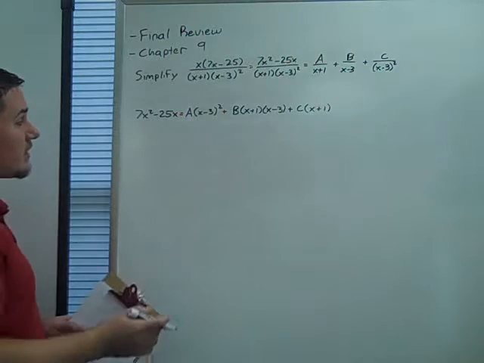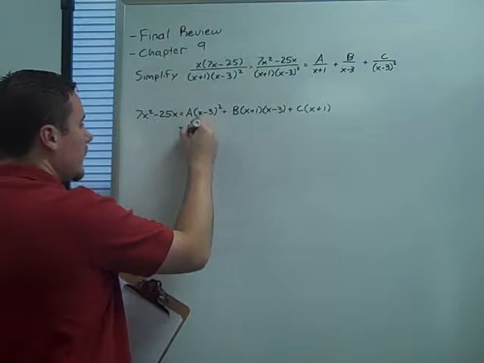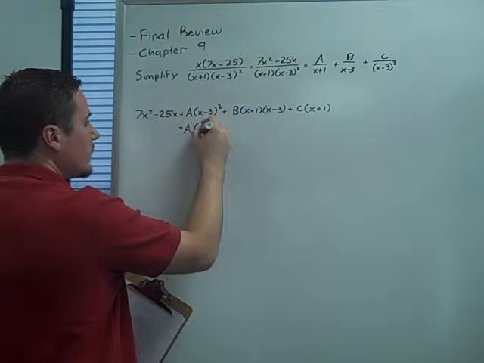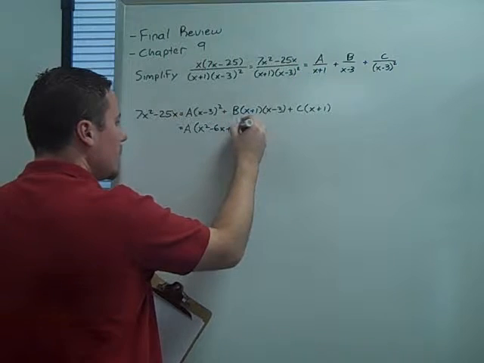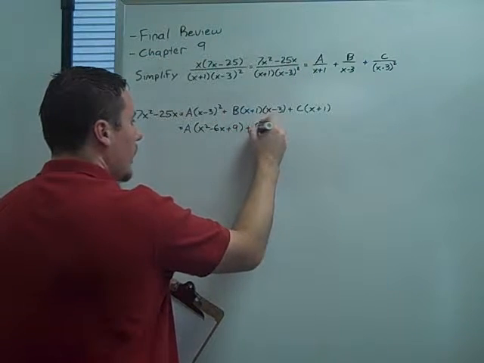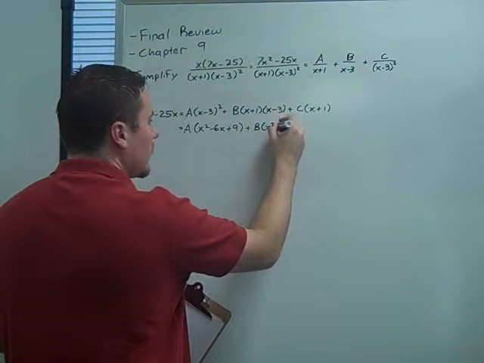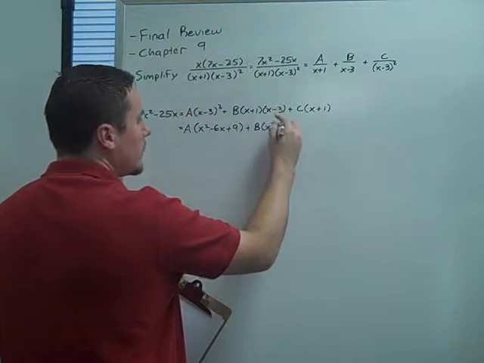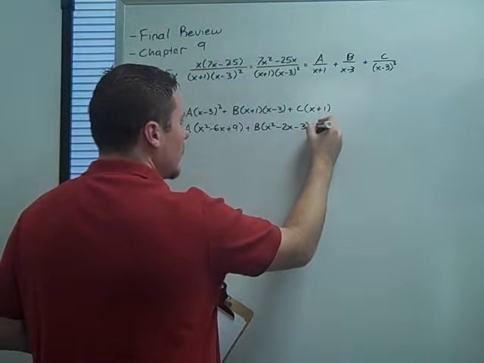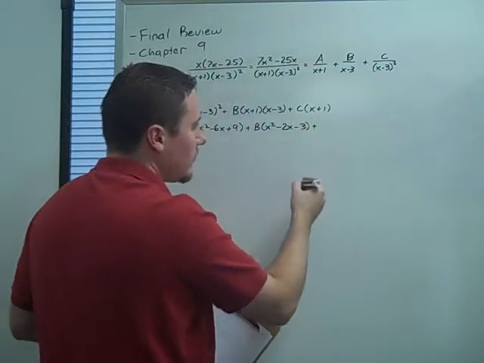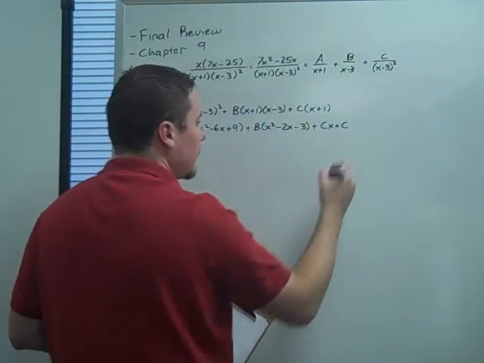So, this next step, I'm going to distribute all of these polynomials, leaving the constants out front. So x minus 3 squared is x squared minus 6x plus 9. This polynomial is going to be x squared, negative 3 and 1 is negative 2x, minus 3, plus, and we might as well distribute this because there's nothing in our way, cx plus c.